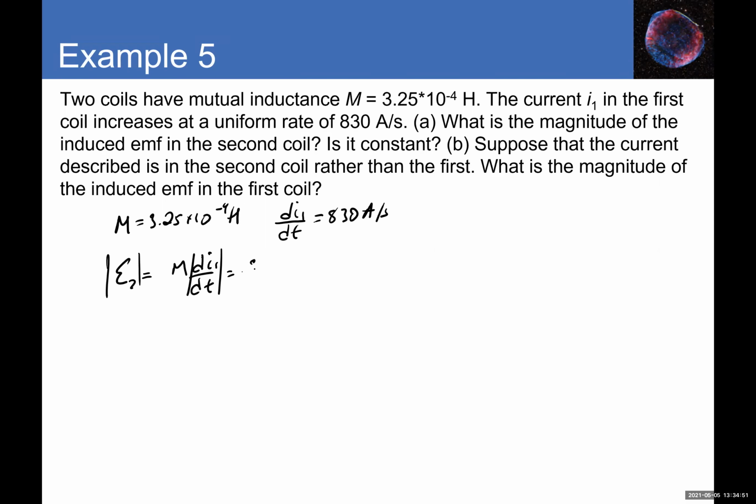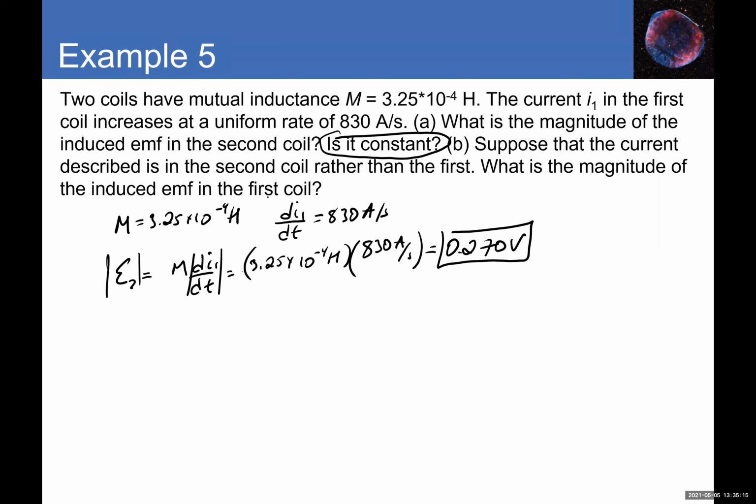So this will be 3.25 times 10 to the negative 4 Henry, times 830 amps per second. Once we do this calculation, we can calculate the induced EMF in coil 2, and this will be 0.270 volts.